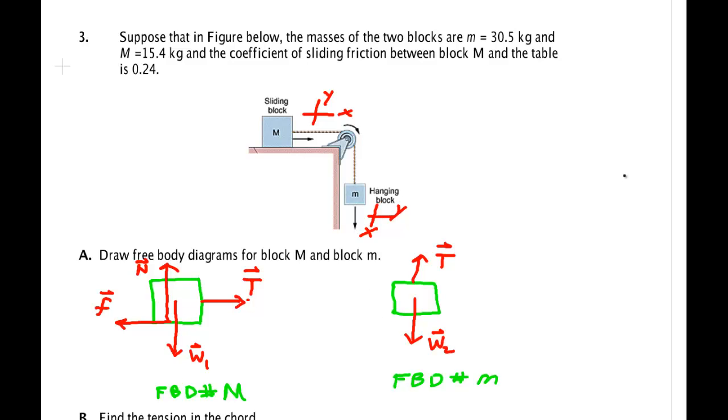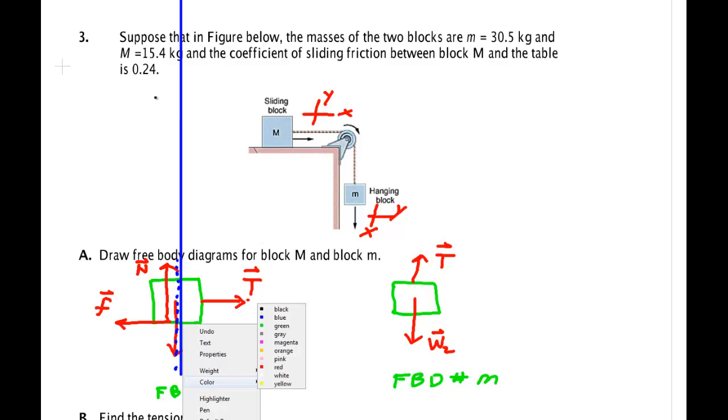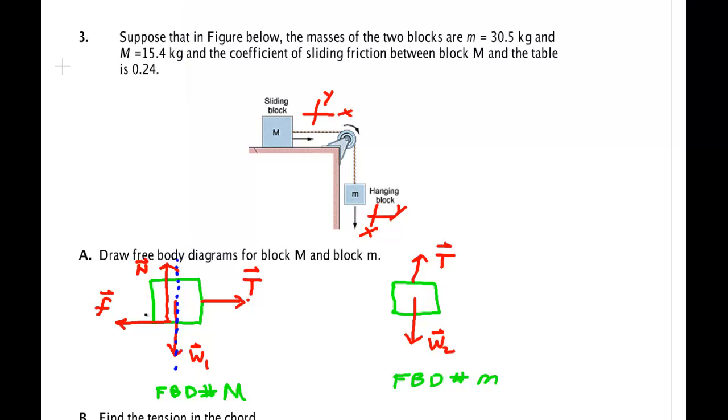After you do that, you've got to draw a coordinate axis for each body. Now you can draw that axis right on the object, or you can draw it to the side. I often like to draw mine on the object, kind of like this.